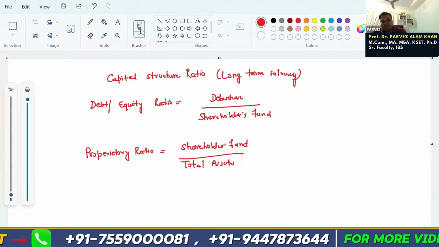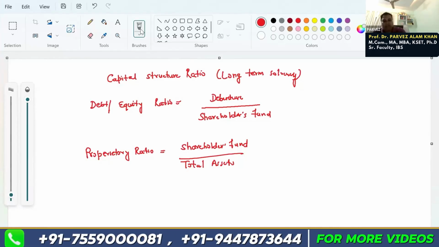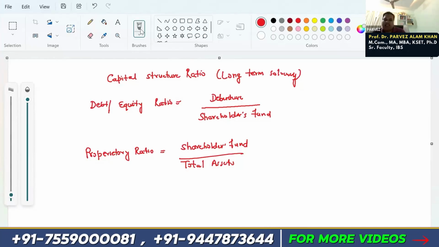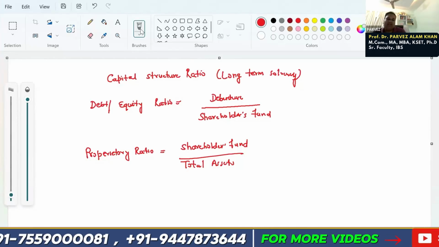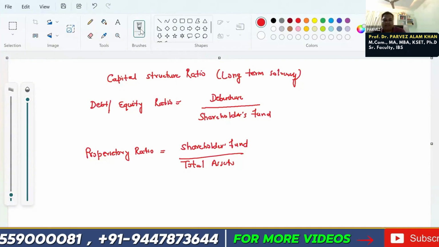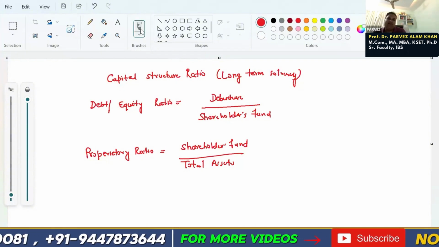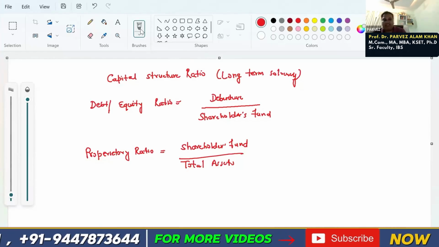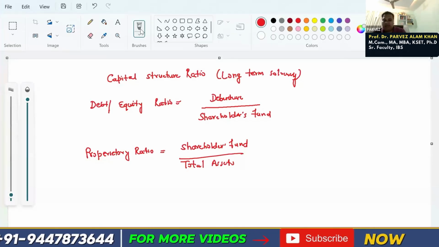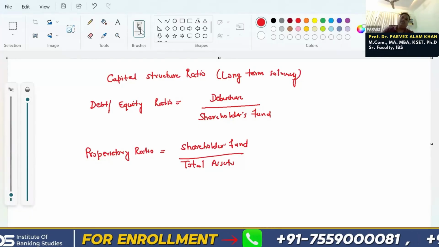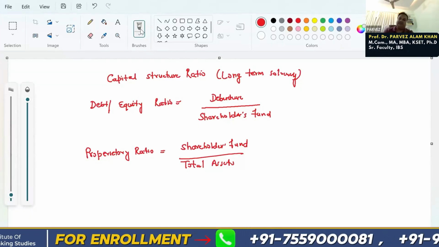Okay. So if your proprietary ratio is higher, it shows that you have greater long-term solvency. So these are the two formulas we have for capital structure ratio. Now let's see one example for this also.